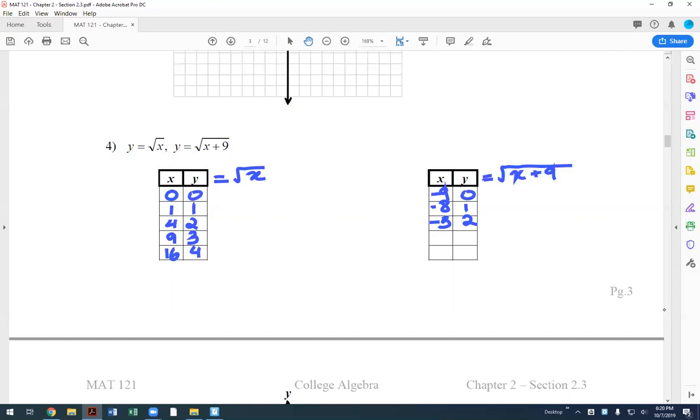Okay, 0. 0 plus 9 is 9. Square root of 9 is 3. And if you wanted to do one more, 7? 7 plus 9 is what? Yeah, 16. Square root of 16 is 4.